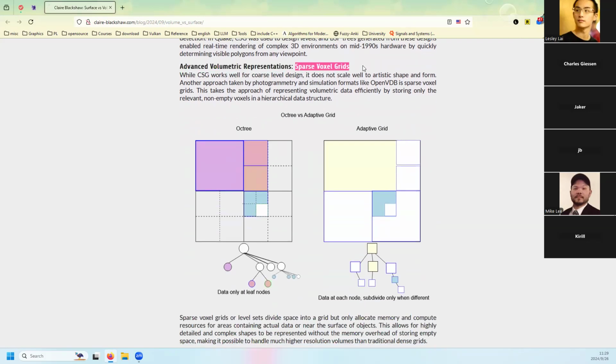Sparse voxel grid. Yeah, CSG certainly does not work well for artists.